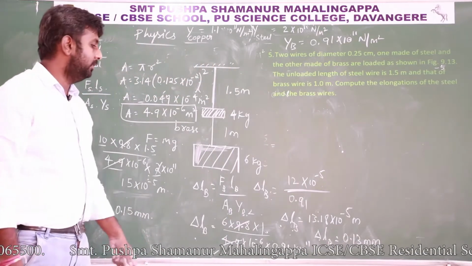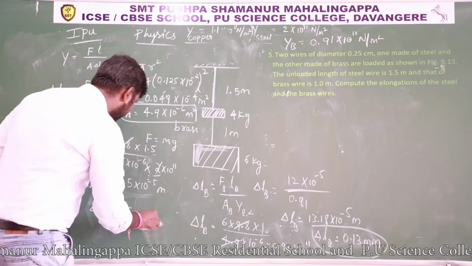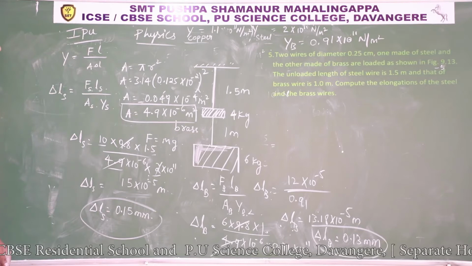Okay, so this is the elongation produced in the brass wire, and this is the elongation produced in the steel wire.